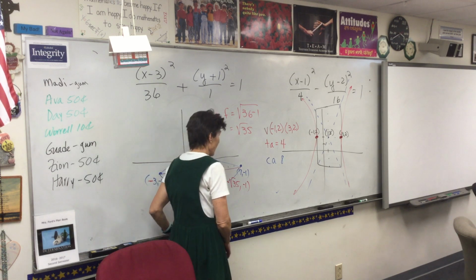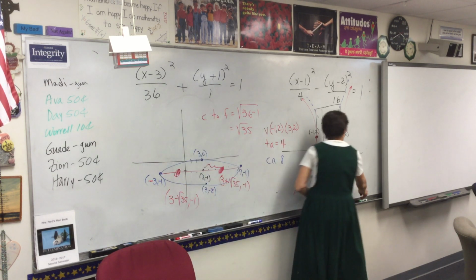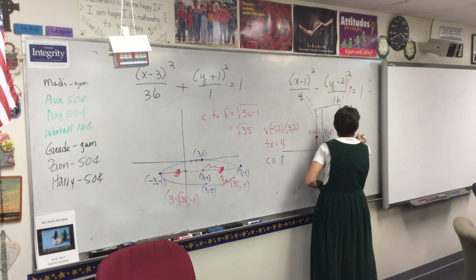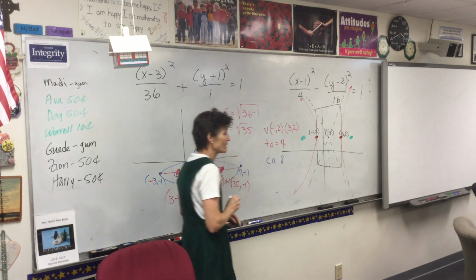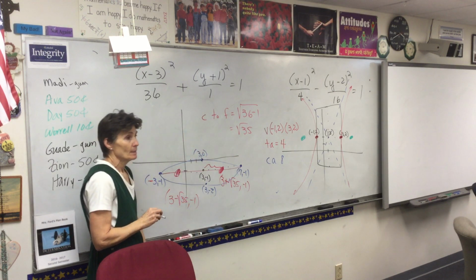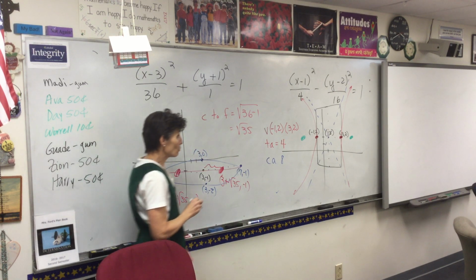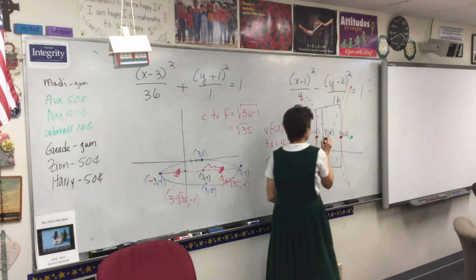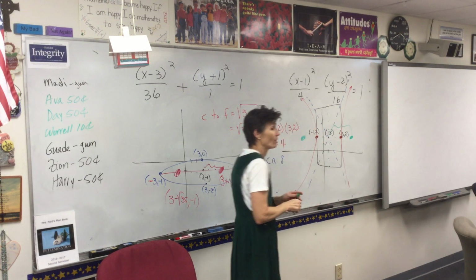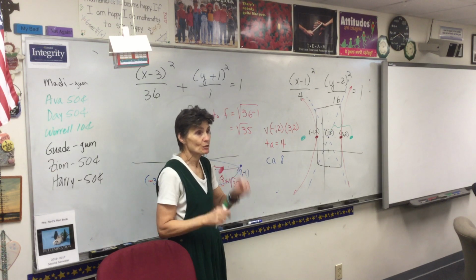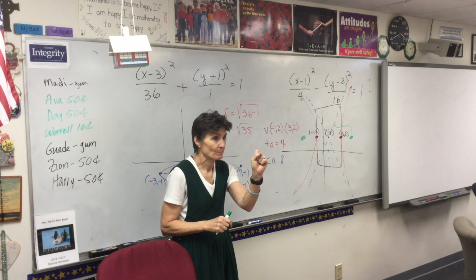Now your foci, you know, are here behind your vertices. They're there like that. And I would know what they were if I knew how far to count. And remember, all the counting you do starts at the center.